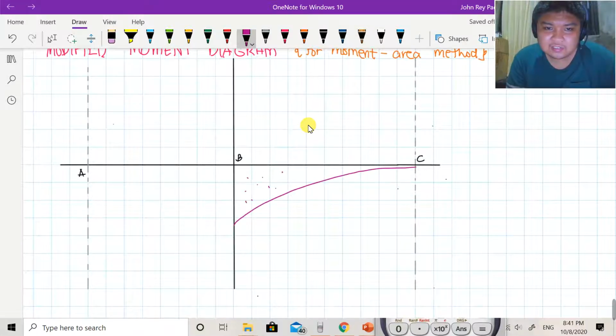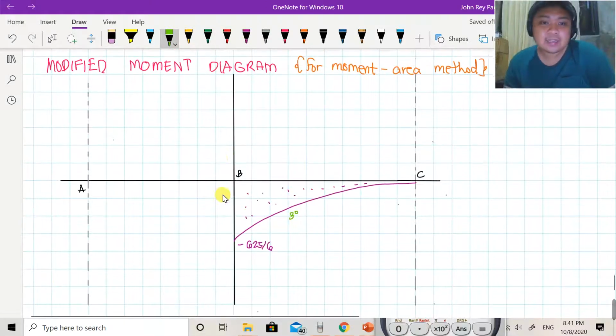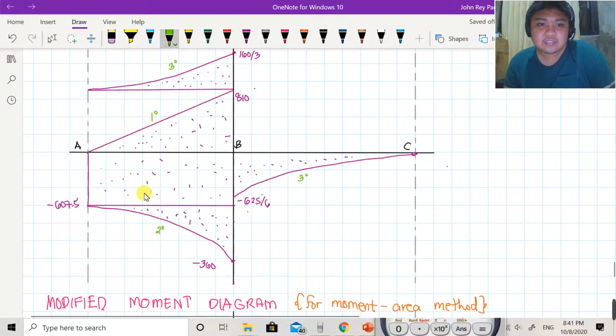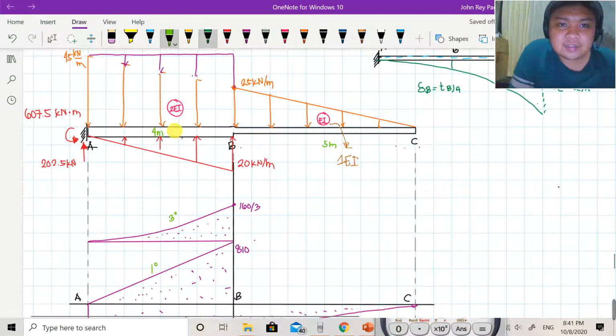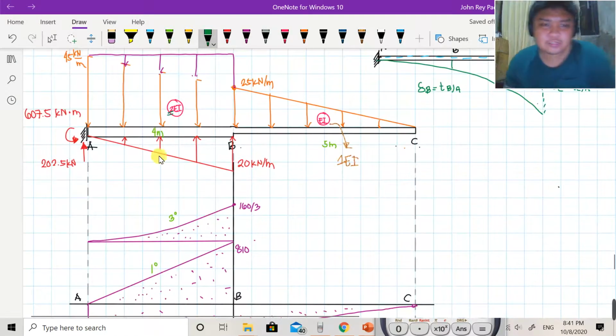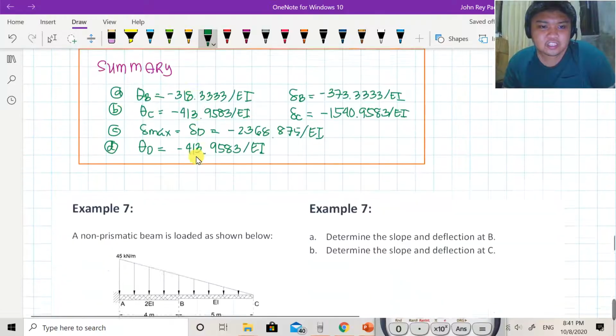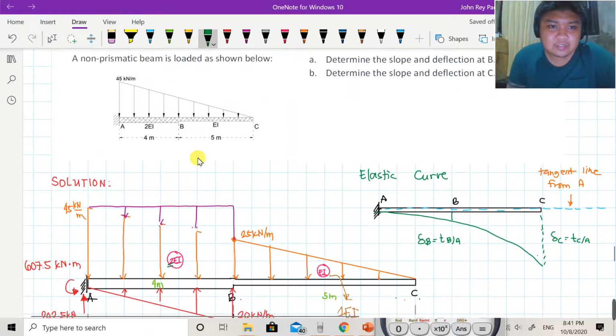Okay, so, ito siya. Third degree pa rin to. So, negative 625 over 6. So, lagay natin as third degree. Kaya lang, class, yung nandito sa kaliwa, due to the fact na meron kasing 2 sa 2EI, yung original given natin, meron siyang 2.